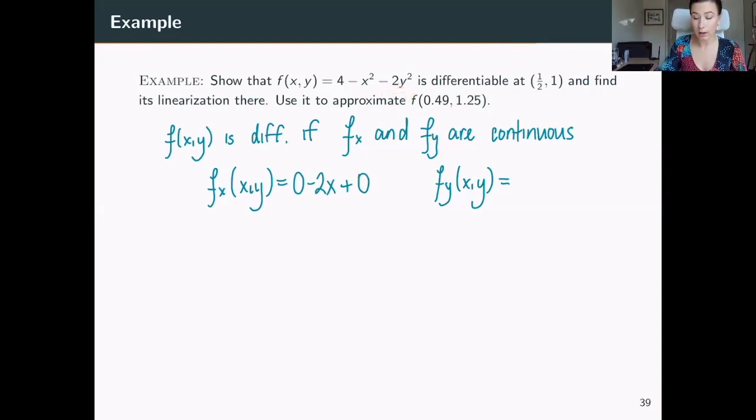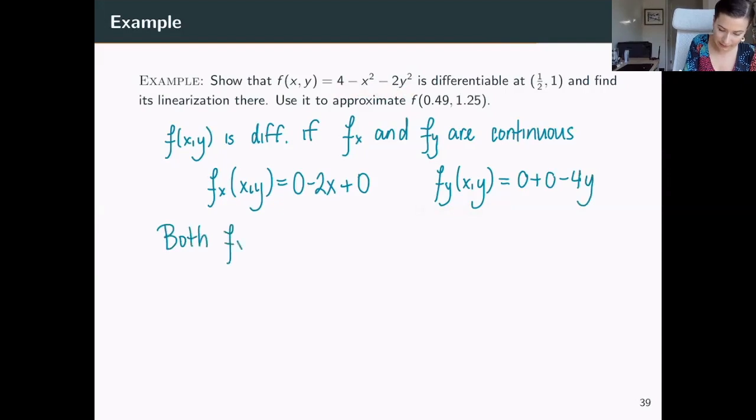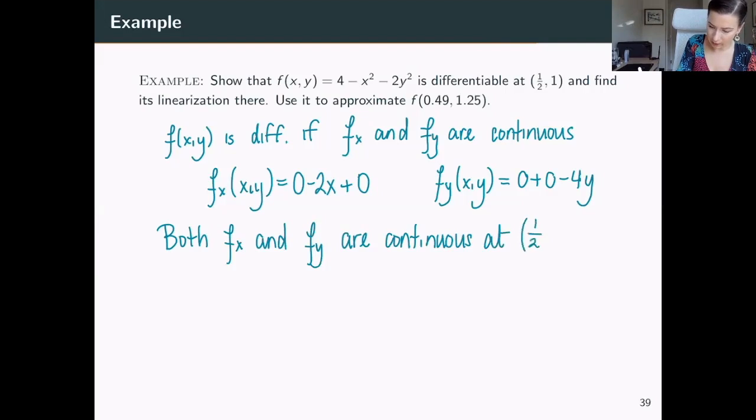And then for the partial with respect to y, we have, again, a 0 plus a 0 minus 4y. Both of these, so both fx and fy, are continuous at the point 1/2, comma 1.